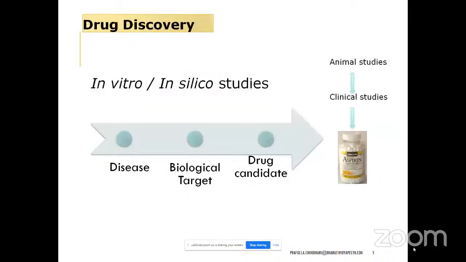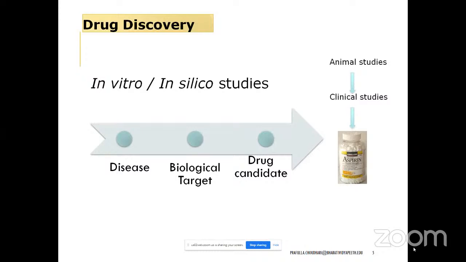Normally, in the fundamentals of drug discovery, when you see in silico or in vitro studies, these are often run side by side. Now, in the rational drug discovery process, what happens? The biological target plays a vital role, and the physicochemical understanding of the biological target can lead to optimization of the drug candidate.